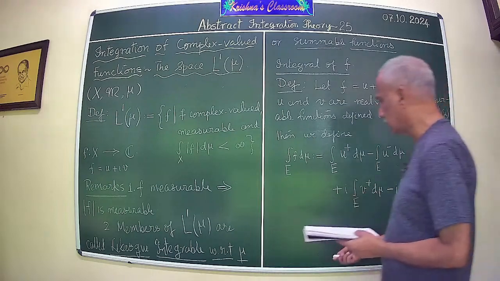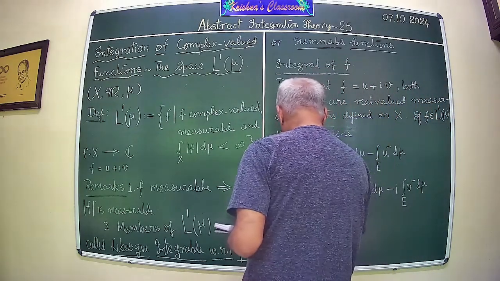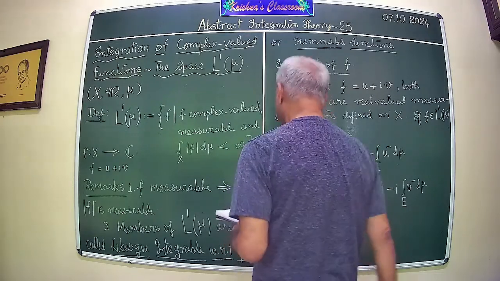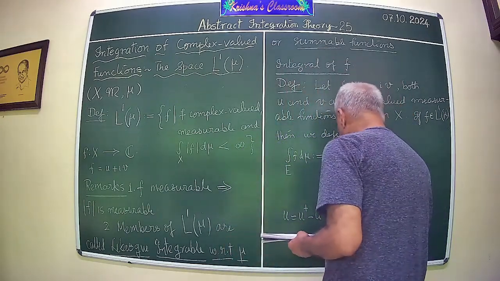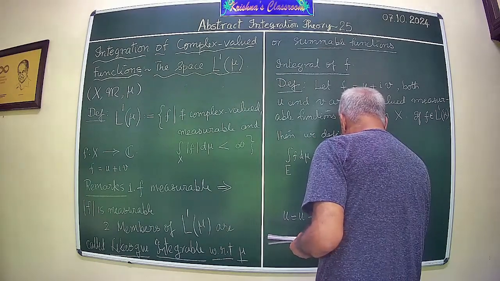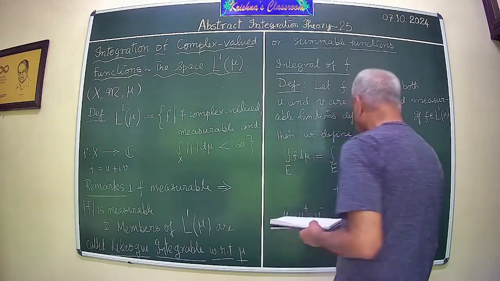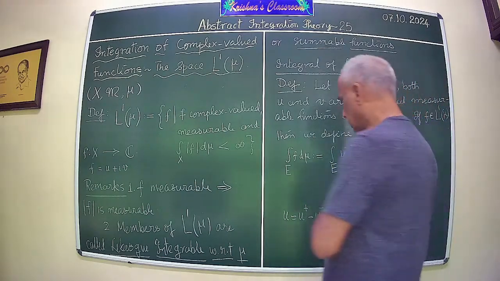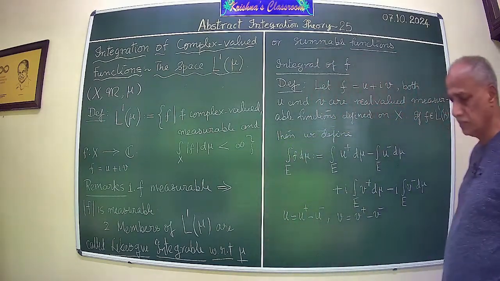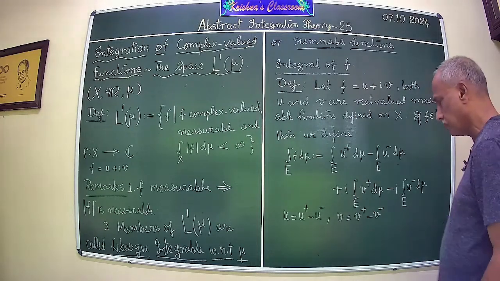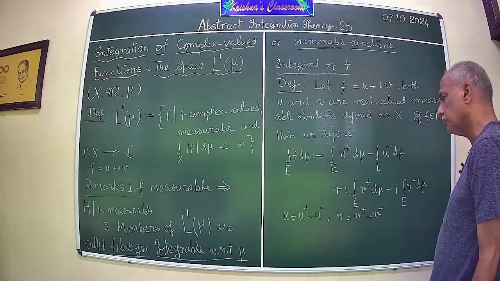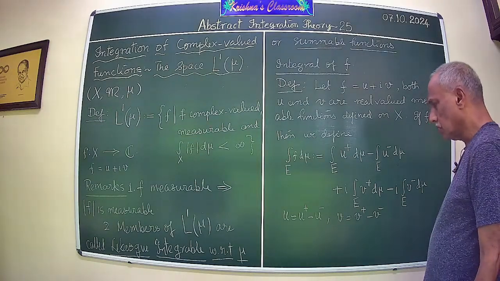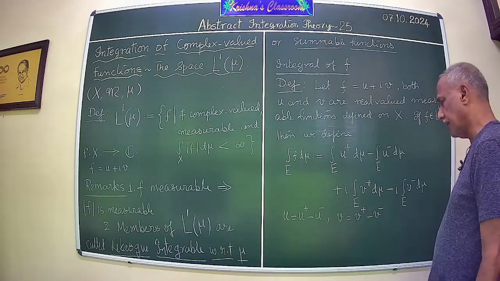Of course, we have introduced this notation for the positive part and the negative part of u and v. So u plus is essentially the maximum of u at x and 0.